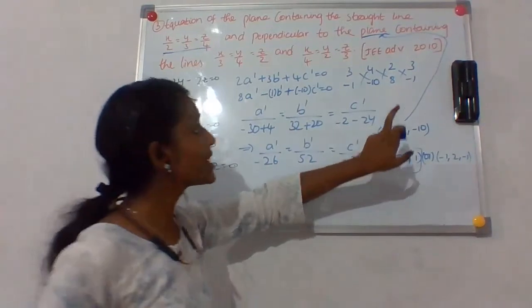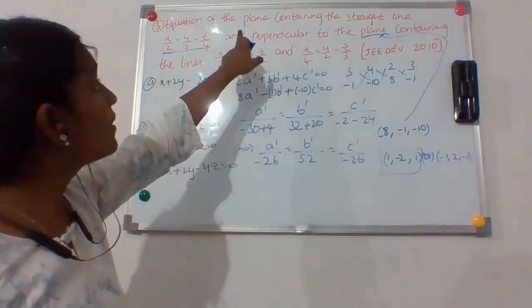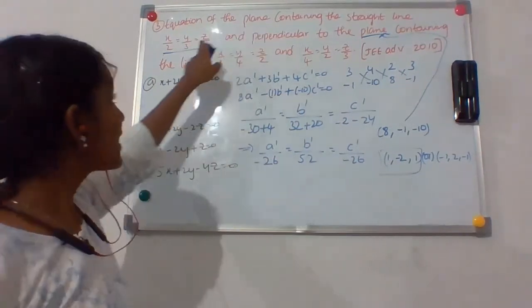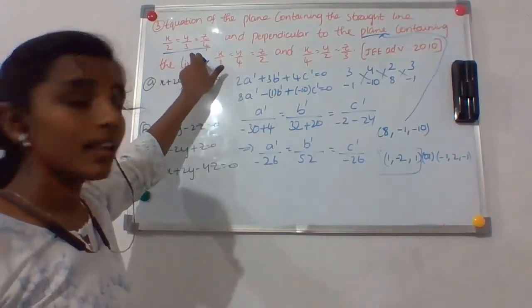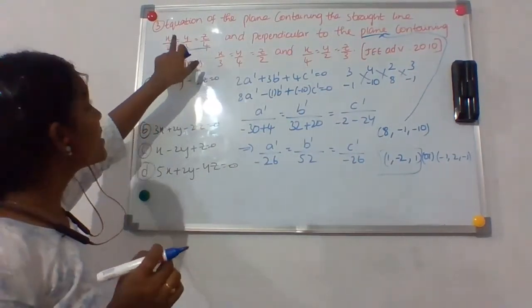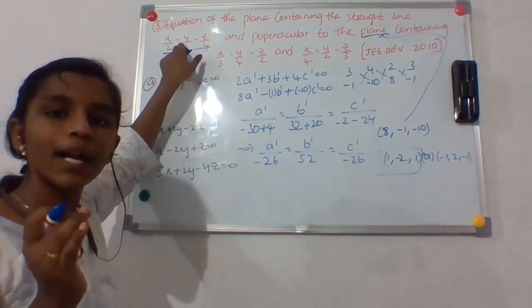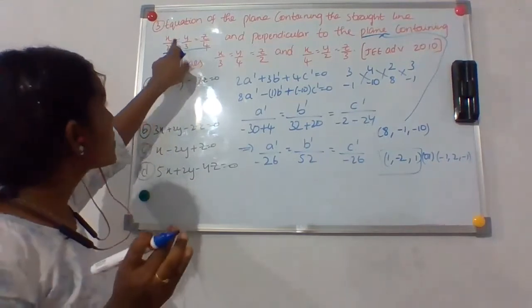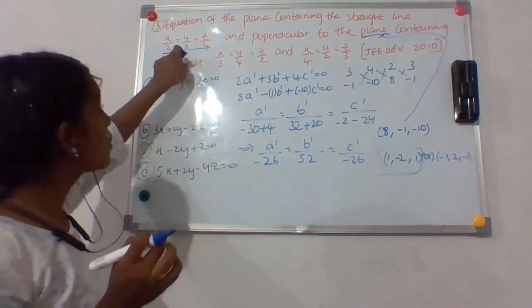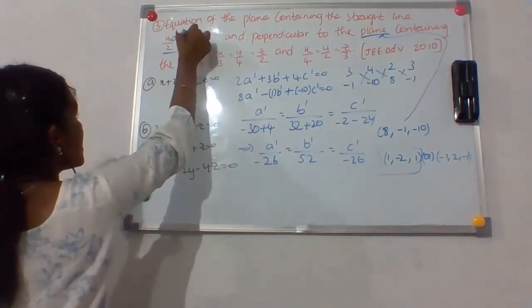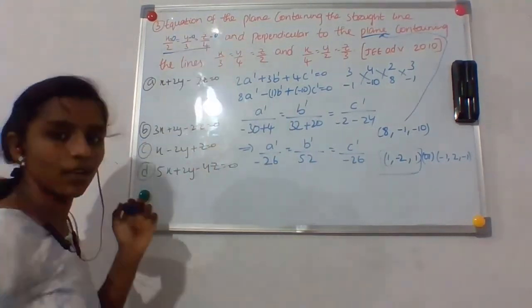So I'll take this pair, and now I want the plane containing this straight line. Because the required plane contains this straight line, the point through which this line passes, the required plane also passes through the same point, right? So this line passes through 0 comma 0 comma 0, because I can write it as x minus 0, y minus 0 and z minus 0, right?